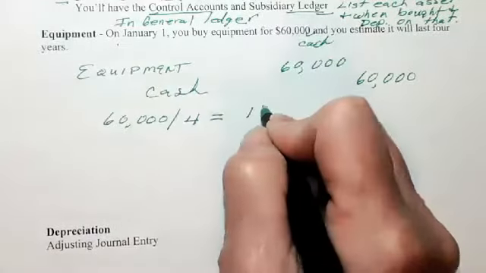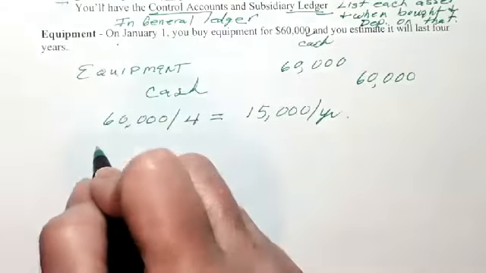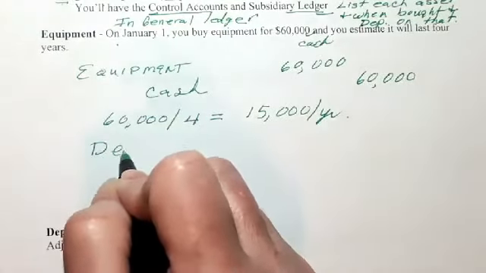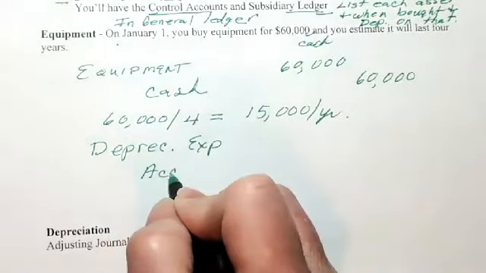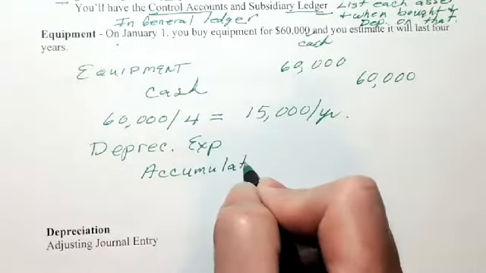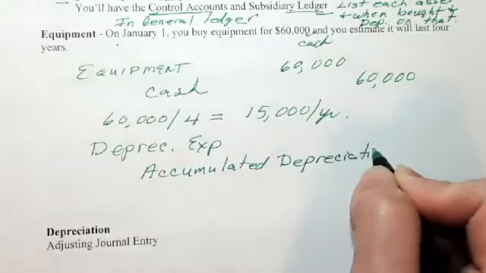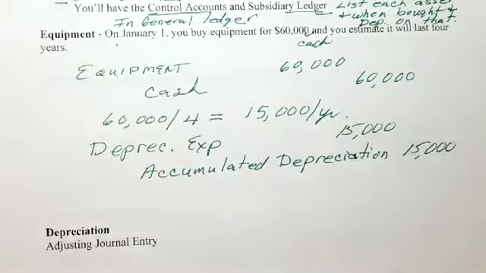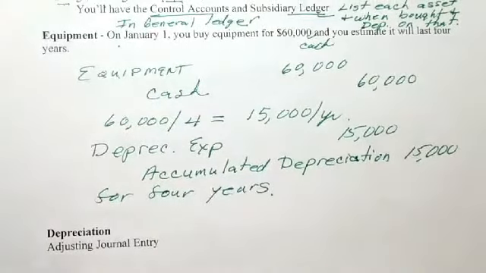It's $15,000 per year. We never messed with equipment. We made that special entry for depreciation expense and accumulated depreciation. Always those two accounts. Don't overthink it. We would do that each year for 4 years. And that's what we did back in chapter 3, I guess.